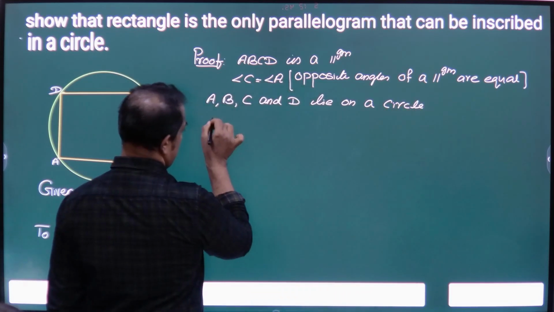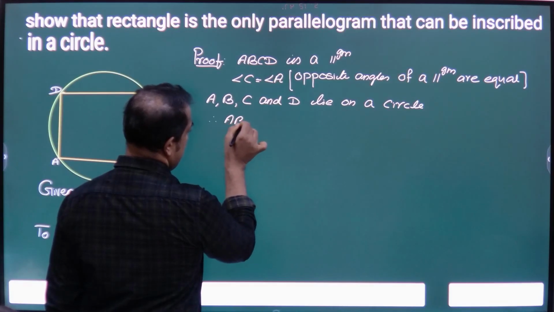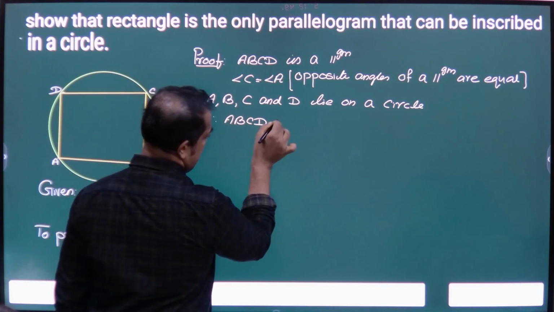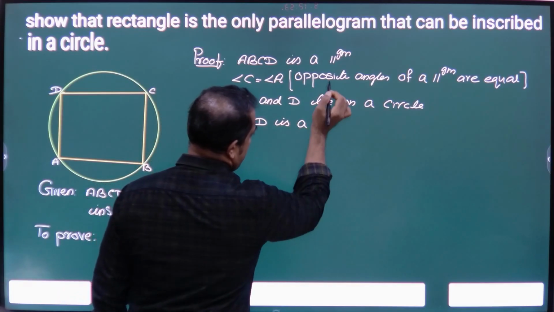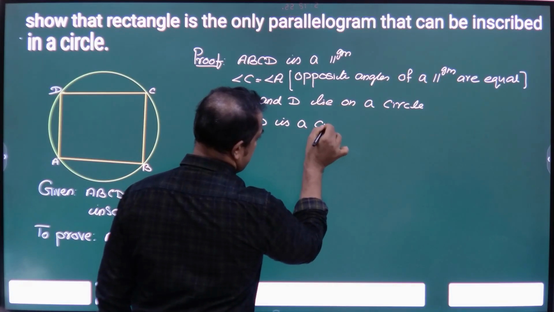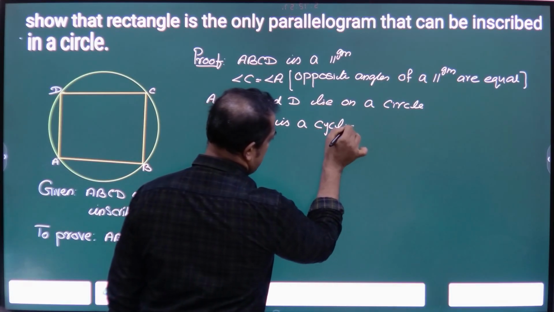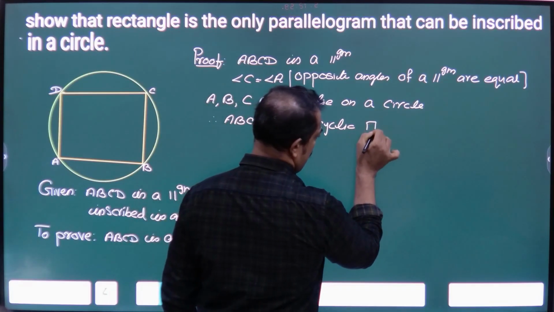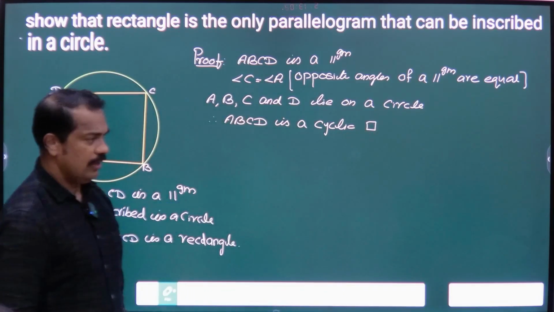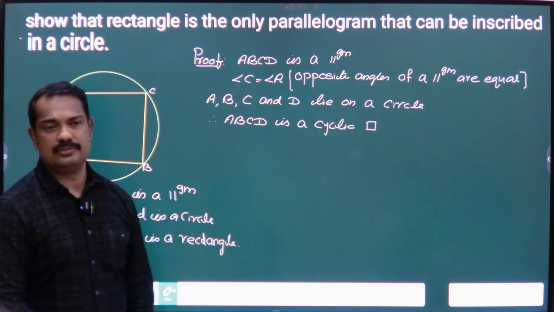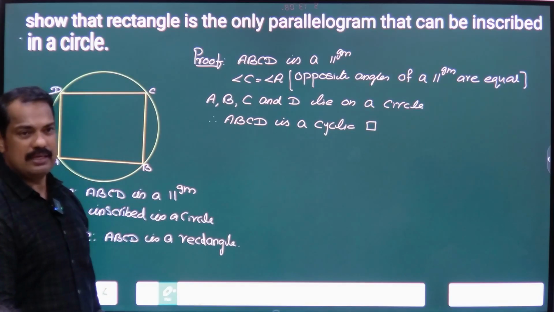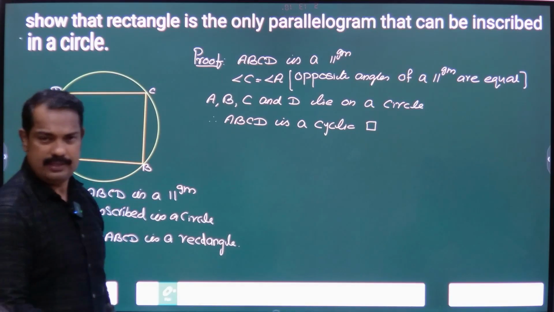And in a cyclic quadrilateral, sum of the opposite angles is 180 degree.